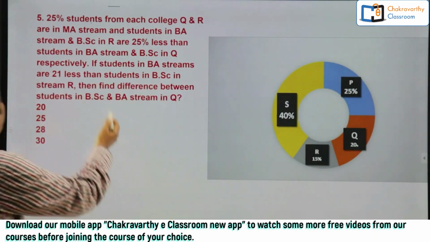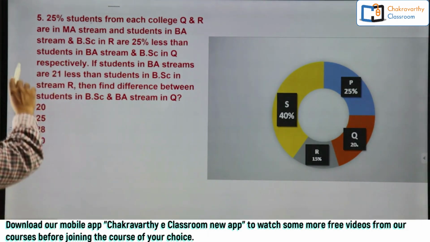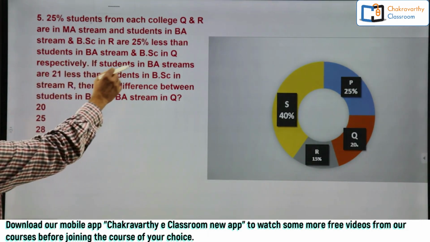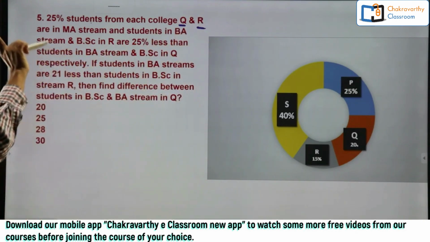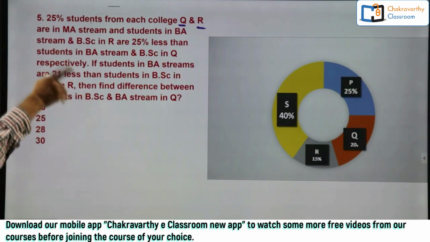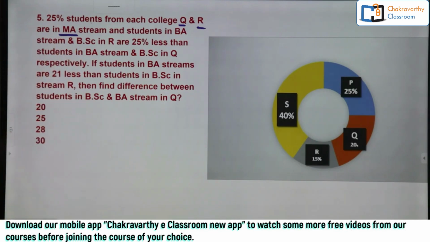Okay, right. So what they have given: 25% of the students. First read the question properly, and while reading try to analyze it. 25% of the students from each college Q and R, that means 25% of the students from Q and 25% of the students from R are in the MA stream. That is one piece of information.